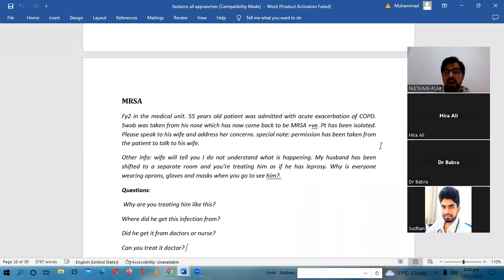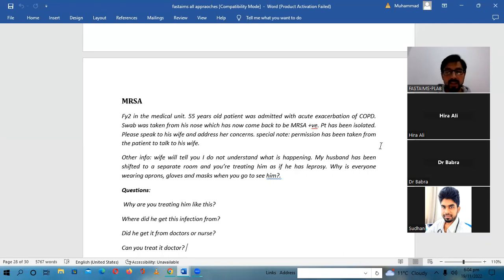In your husband's case, as we took this swab at admission, it seems that he might have been having this colonization before admission to the hospital. It means that he has not got it from the hospital.